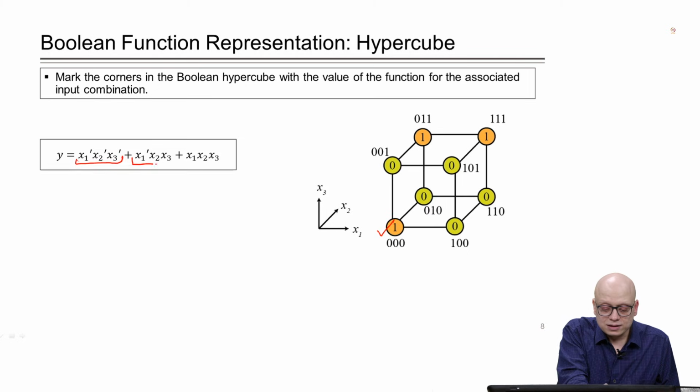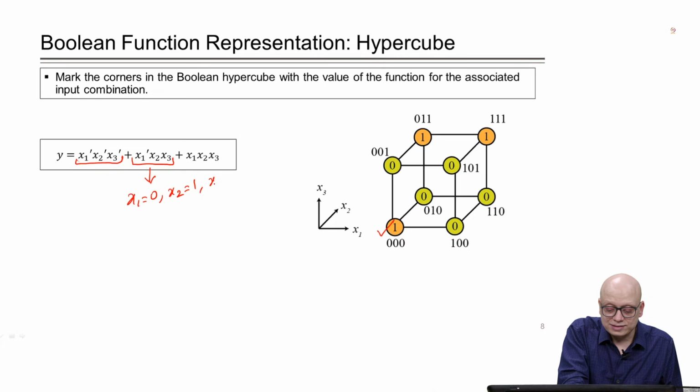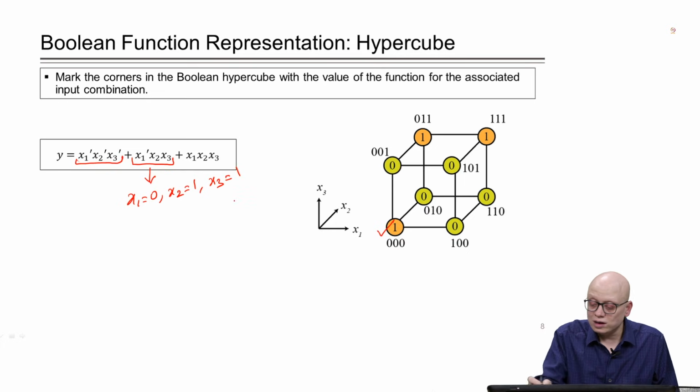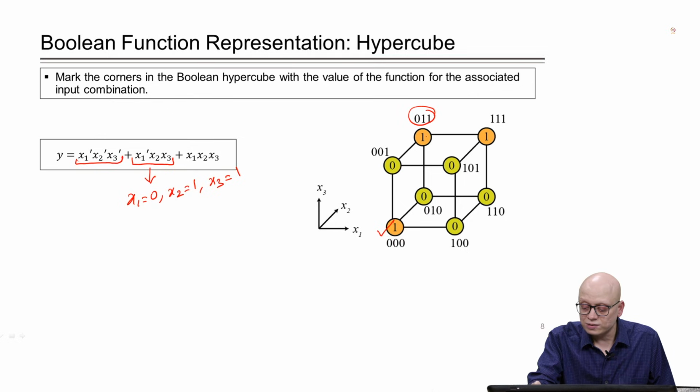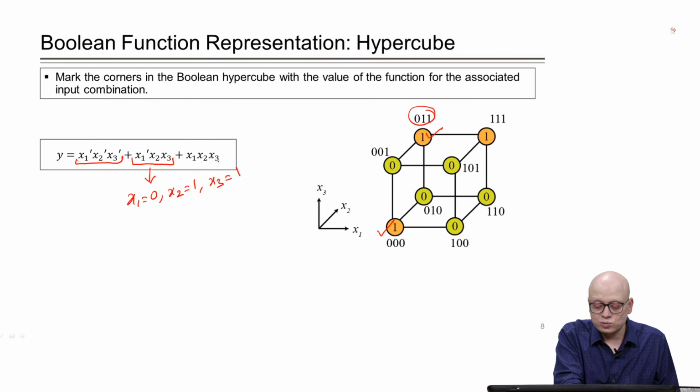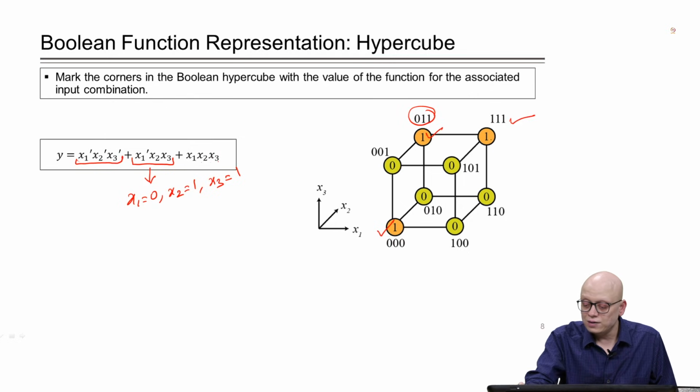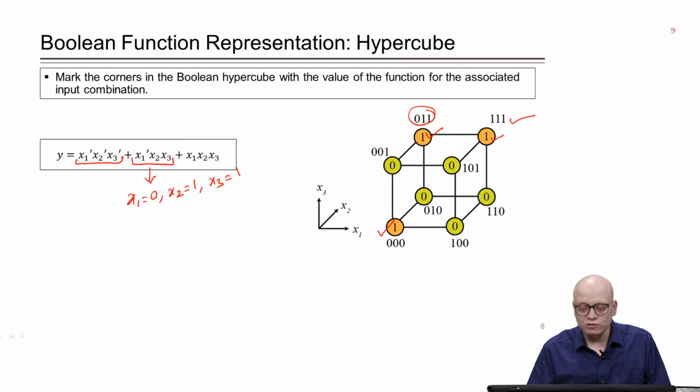This minterm corresponds to the corner x1 = 0, x2 = 1 and x3 = 1. So for the corner 0 1 1 we write a value of 1. Similarly, x1 x2 x3 corresponds to 1 1 1 and we have 1. For the other corners we write a value of 0. This way we can represent any given Boolean function in a hypercube notation.